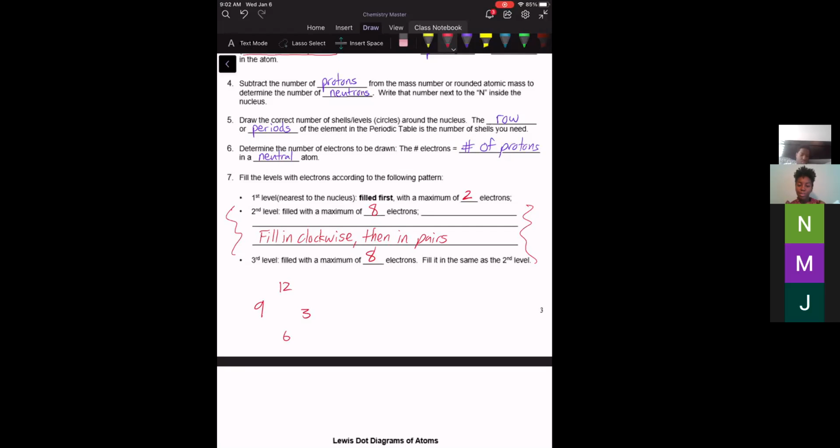I know that sounds weird, but let me show you and it'll make more sense. It's like pretending that this is a clock, so we fill them in at the 12 o'clock space, 3 o'clock space, 6 o'clock space, and 9 o'clock space.